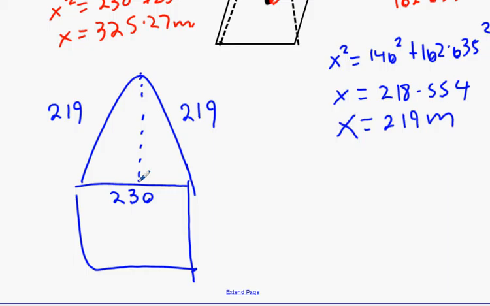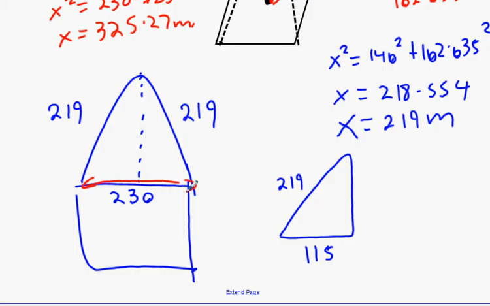Which means when I draw something down the centre, it cuts it in half. So I effectively have 115 and 219, and I can use half base by height because I can now find out the perpendicular height. That makes sense?